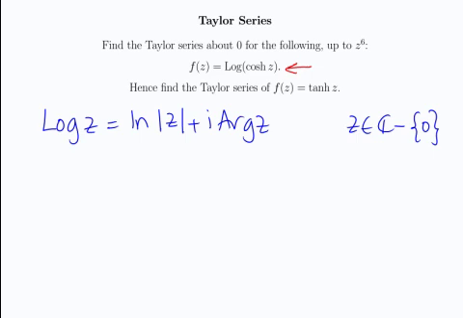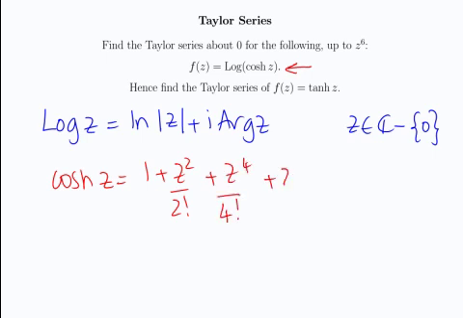In order to do this, I'm going to use some standard results, which I shall write out here for you. You should make sure that you know how to derive these, but usually they are given and you can just refer to them if you need them. This one is valid for all complex z.